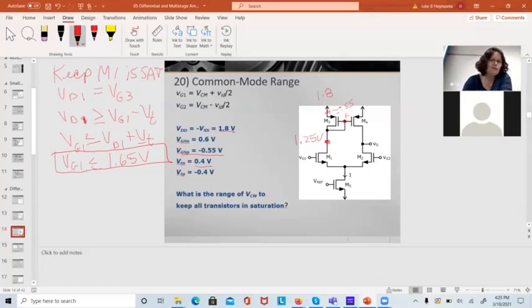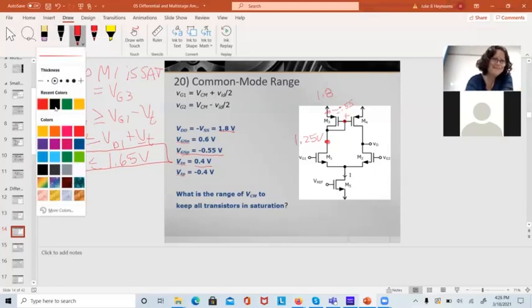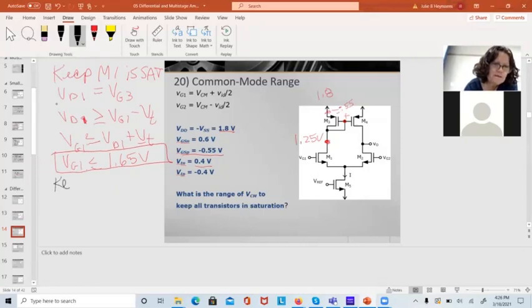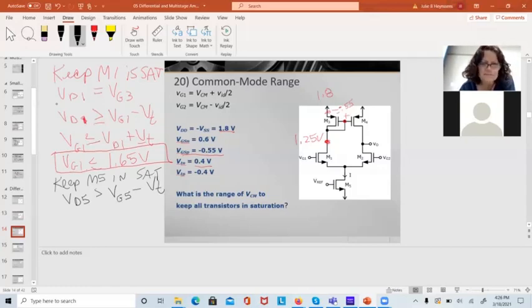Now, to get to the other side, I just know this in advance. What's going to limit me on the other side is keeping M5 in saturation. So in order to do that, I need the voltage on the drain of M5 to be greater than the voltage at the gate of M5 minus VT.